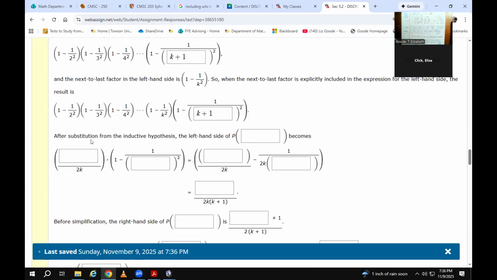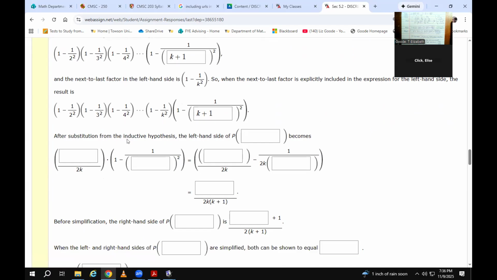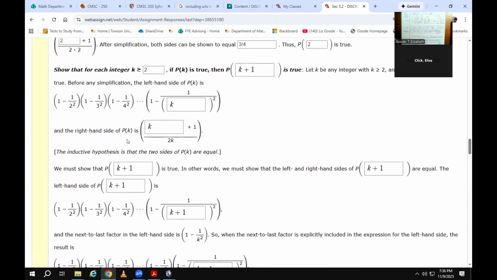Now, after substitution from the inductive hypothesis, hang on, let's go back up and look at what the inductive hypothesis was. It is that when we go all the way up to k, it's equal to k plus 1 over 2k. That was the inductive hypothesis, that P of k is true. It's almost easier to see it on our paper.